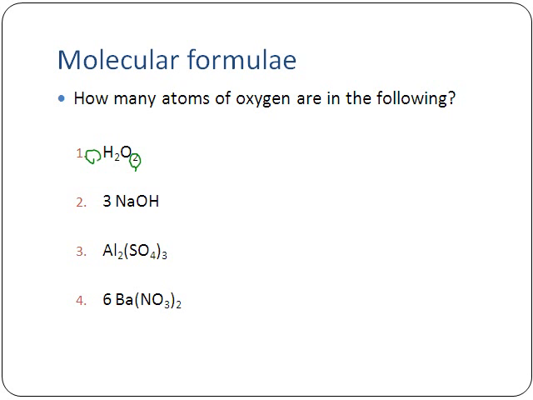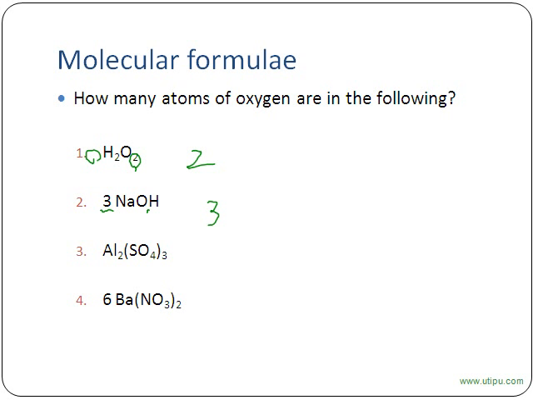There's no parentheses here, so there are just 2 oxygens in that one. This one right here, there is no subscript after the O, and no parentheses, so there's just 1 oxygen in NaOH, but there are 3 NaOHs, so 3 times 1 gives me 3. 3 oxygens in number 2.